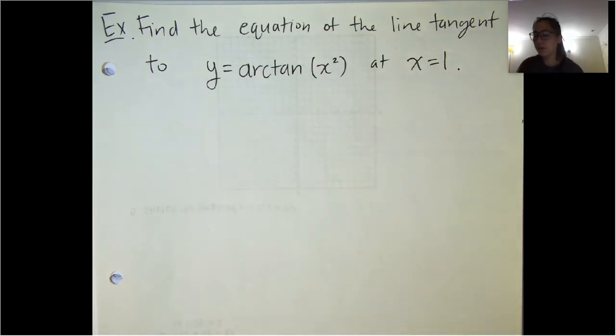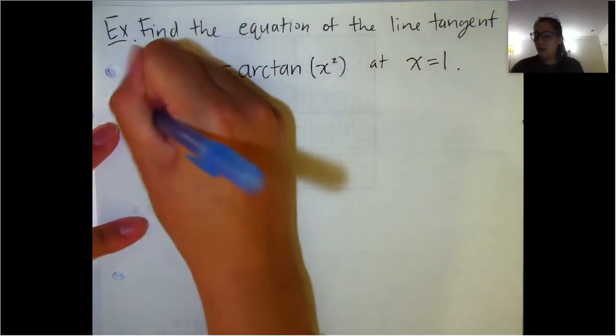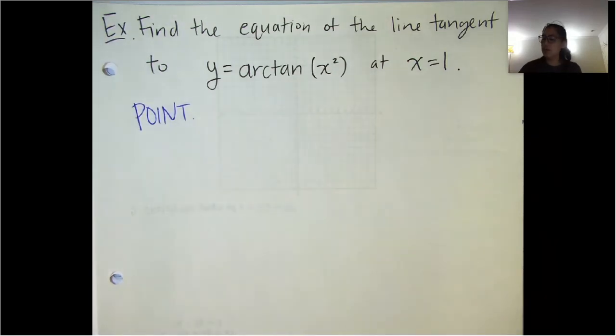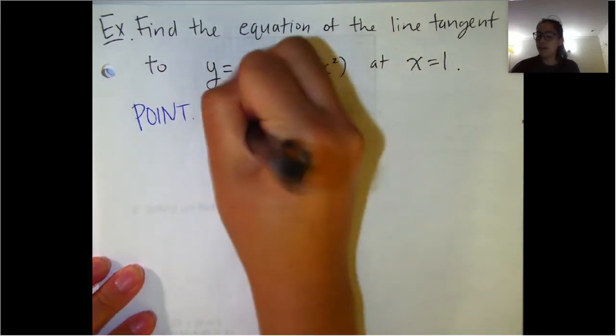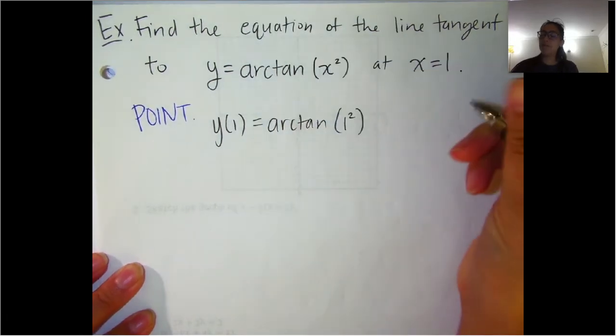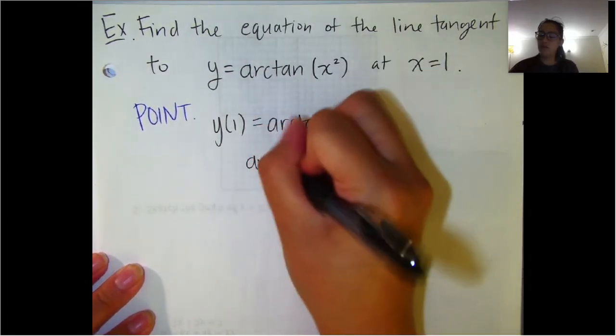You know that when we're doing tangent lines, we're supposed to find 3 things. So we start by finding the point, and then we'll find the slope, and then we'll write the line. So point would be plug in the x equals 1. So we have y of 1 equals arctangent of 1 squared, which is just arctangent of 1.